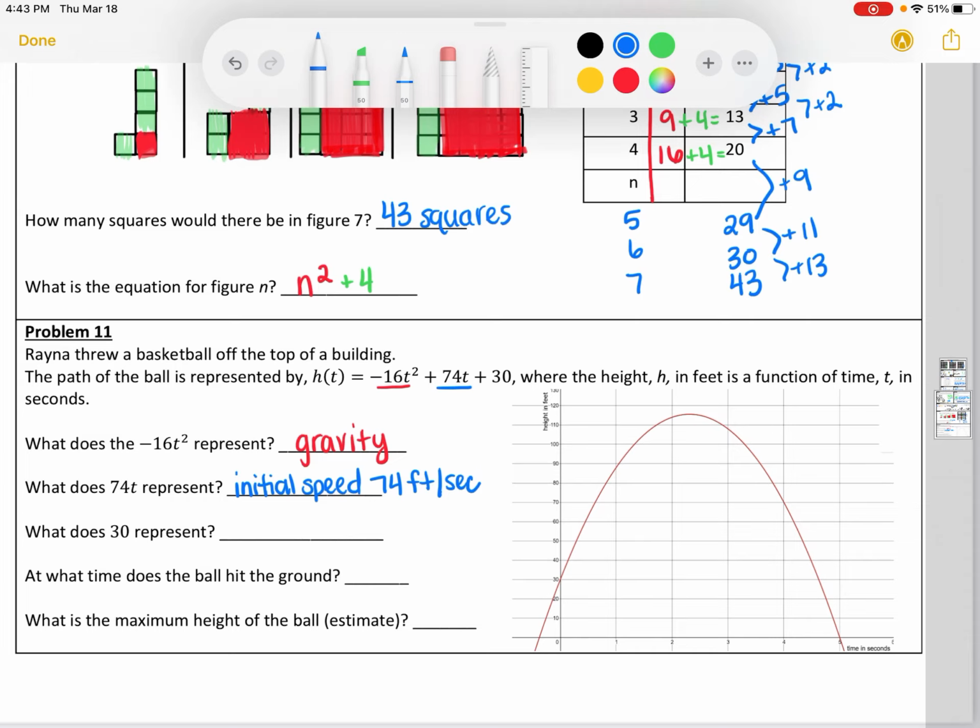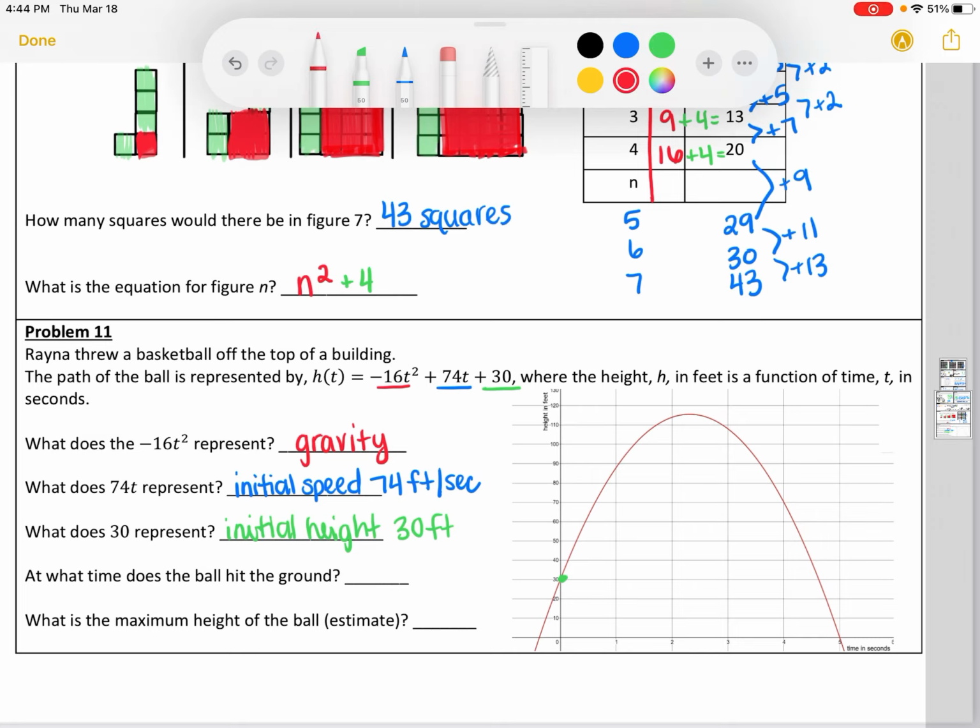So the initial speed is always that middle term, and then the 30, that number by itself at the end, is the initial height of the ball, which is 30 feet because it's off the top of a building. You can also see the initial height in the graph as the y-intercept, but you don't need the graph because you can just look at the equation.